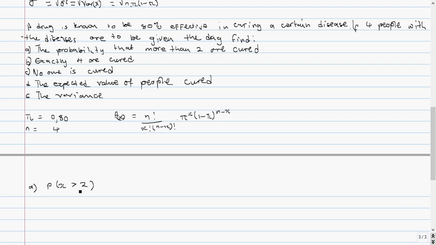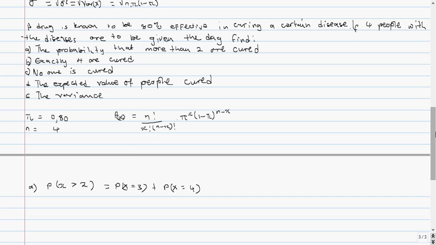This means we are not going to include 2. We're going to start from 3 and 4. This is basically the probability of having 3 people cured plus the probability of having 4 people cured. Take note, we are ending at 4 because our experiment only goes up to 4 people.